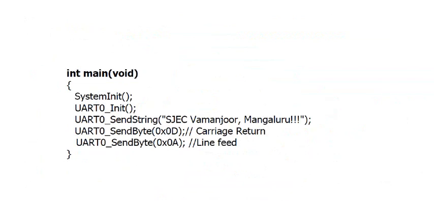The main program calls system init to initialize the frequency and everything, and UART init, as we have seen earlier: set the baud rate, set the pin configuration, DLL and DLM are set, then lock the baud rate, and set the FCR register. After that, send the string to the send string function, which again sends the data to send byte.